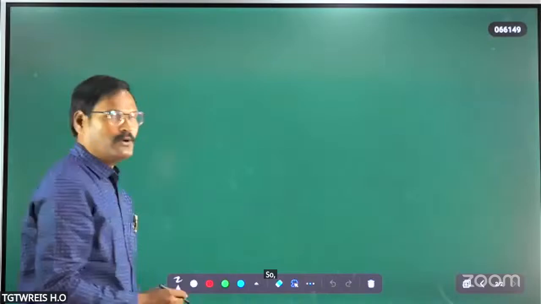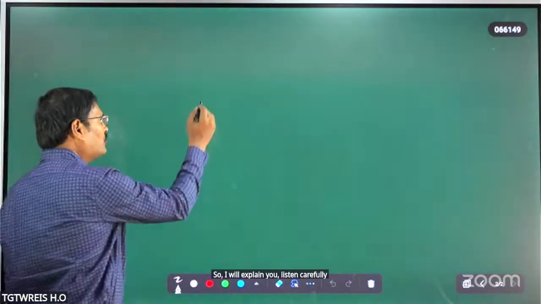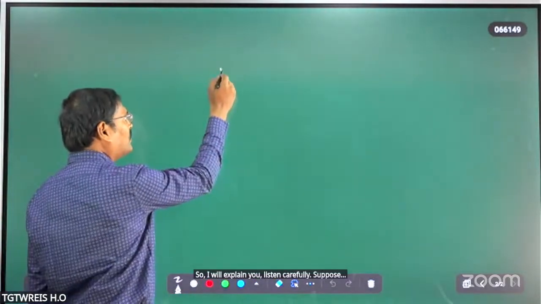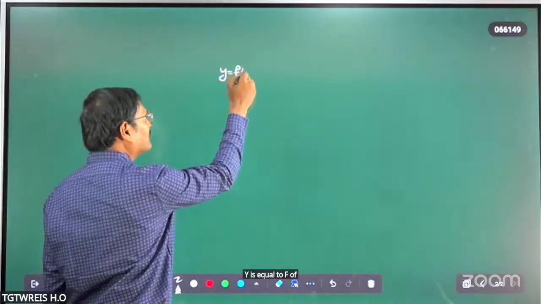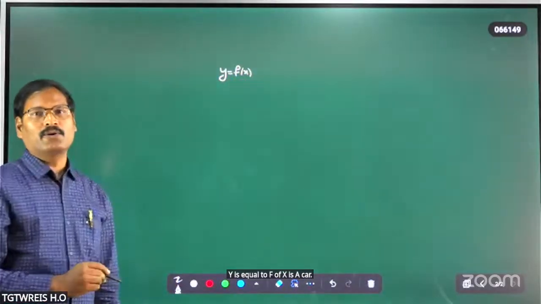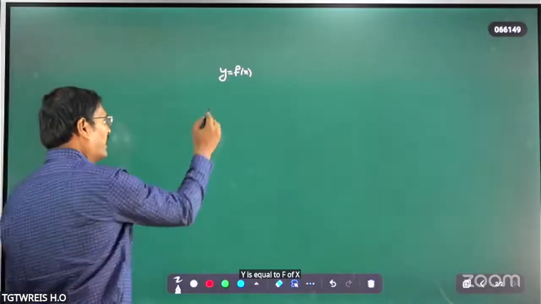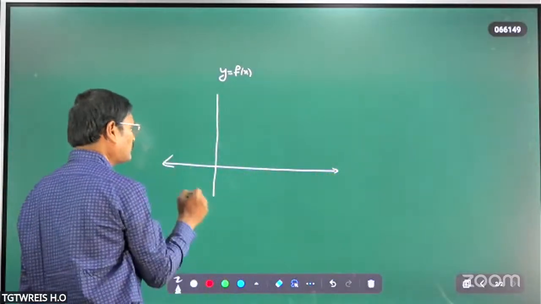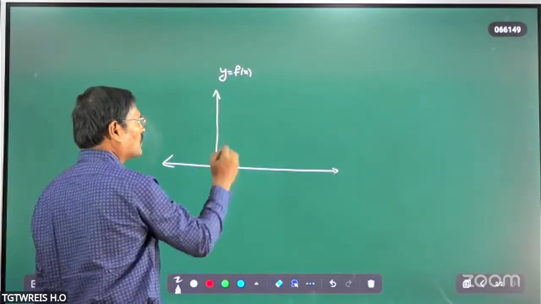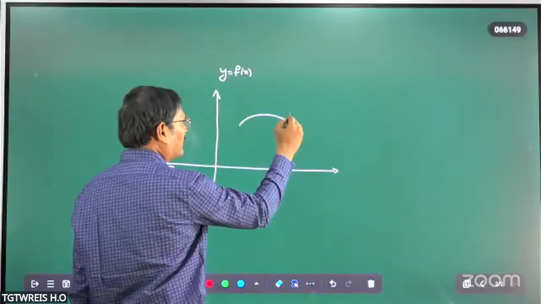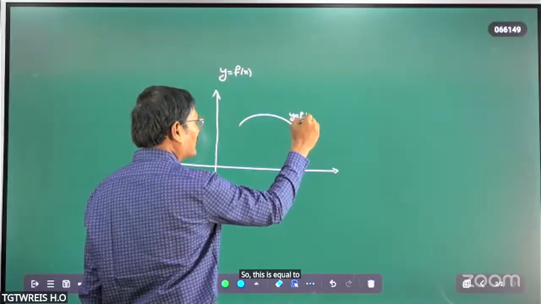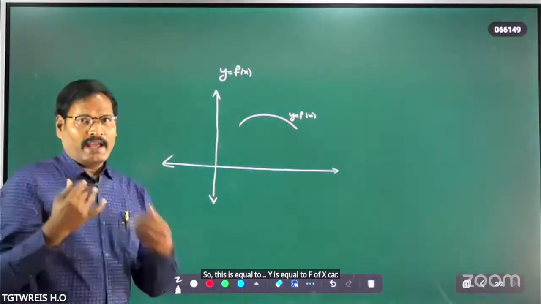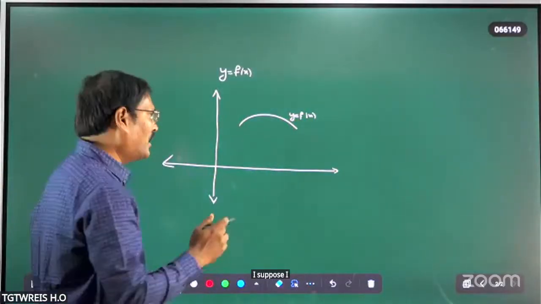So I will explain to you. Listen carefully. Suppose y is equal to f of x is a curve. I am drawing the curve. So this is the curve y is equal to f of x.